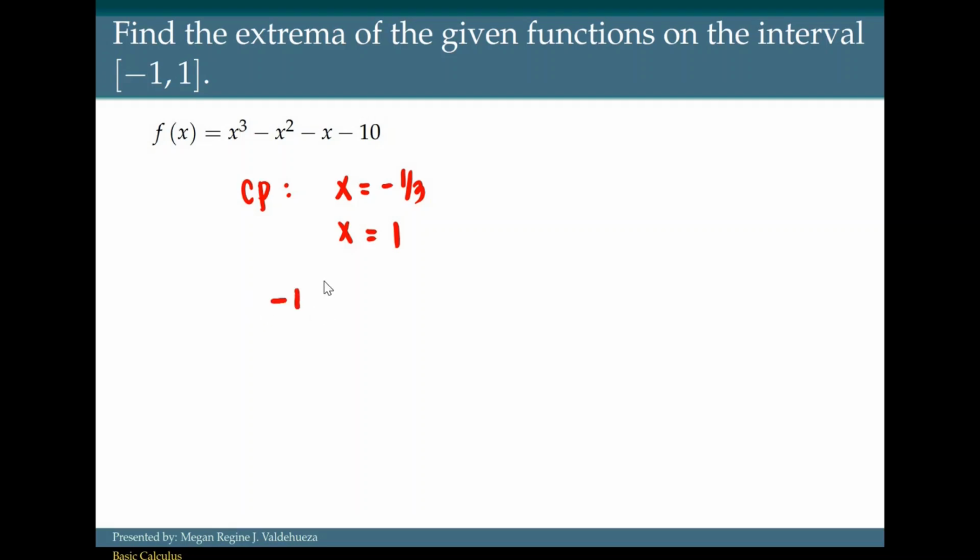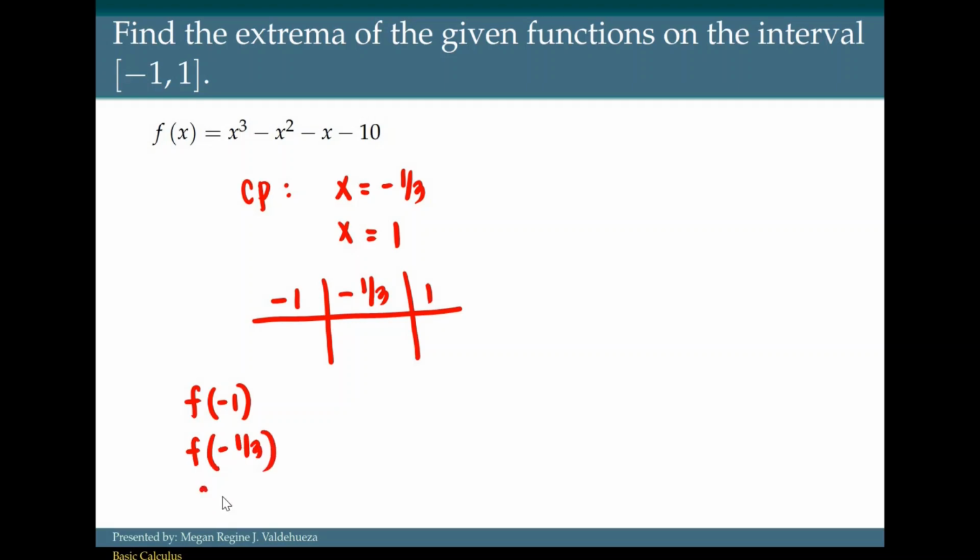We have -1, -1/3, and +1. So again, we will get f of -1, f of -1/3, and f of 1.